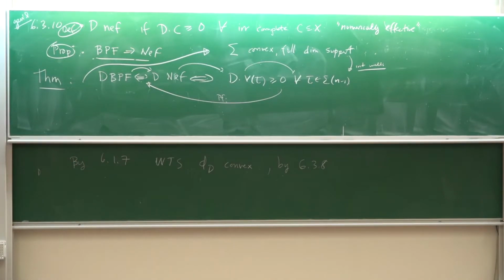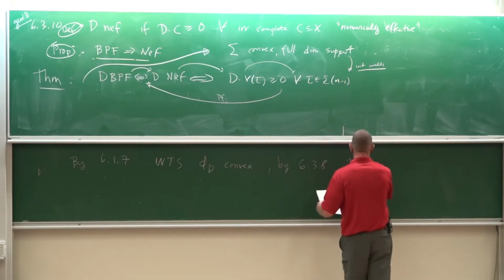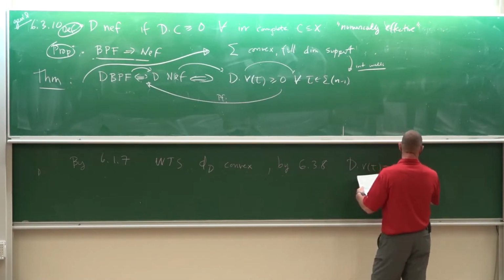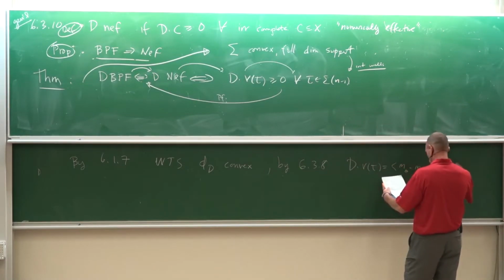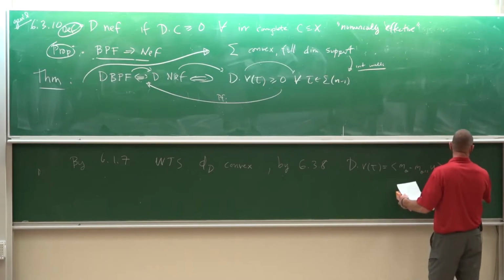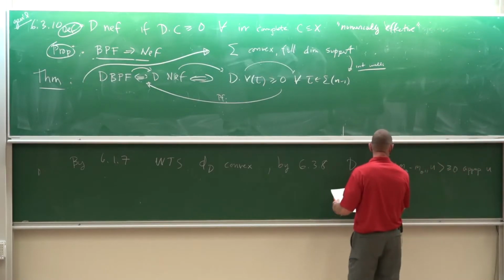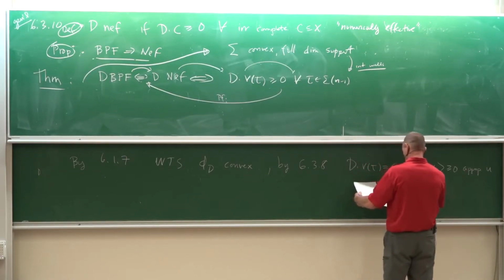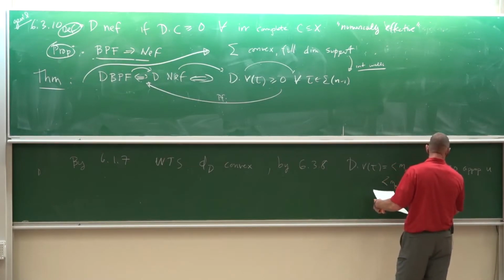6.3.8 is telling us how to do the intersection pairing. So by 6.3.8, D dot V of tau is m sigma minus m sigma prime, comma u. Has to be greater than or equal to 0 for an appropriate u. And that's saying exactly that m sigma of u is greater than or equal to m sigma prime of u.